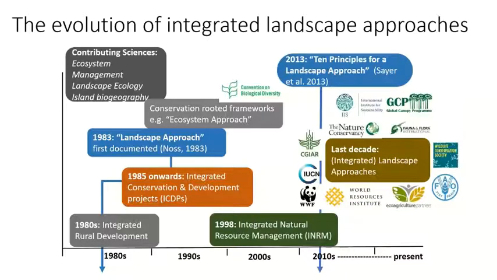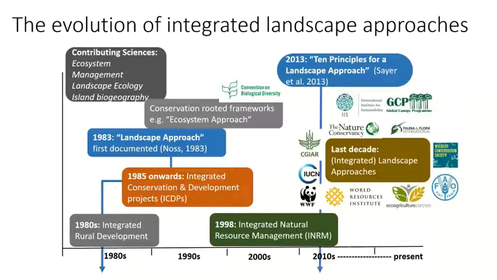The first recorded example we found of the term landscape approach was in 1983 by Reed Noss in BioScience, but again, very much emphasizing the conservation component. Then over the course of the next few decades, you had a shift towards more integrated conservation and development projects.